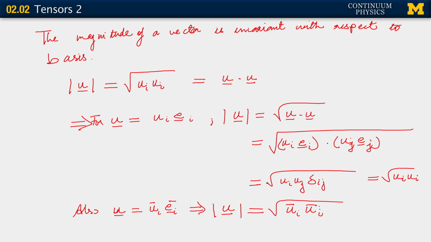So the magnitude has the same formula independent of the basis of representation. And this is what we would consider to be an invariant of a vector. Other properties that are invariants are not really the vectors themselves, but there are operations whose results are invariant. So the result of the dot product is invariant with respect to basis. Likewise, the result of the cross product is invariant with respect to basis.